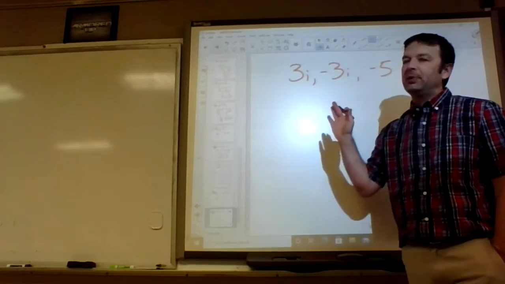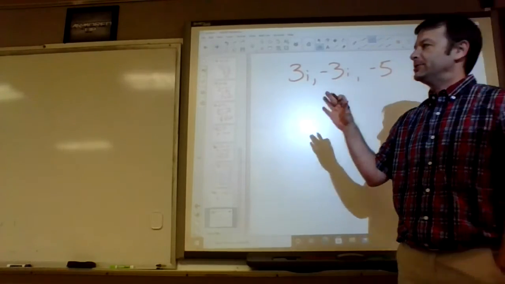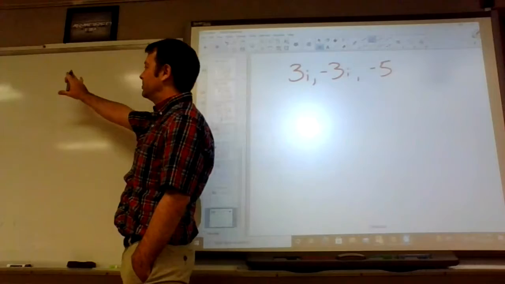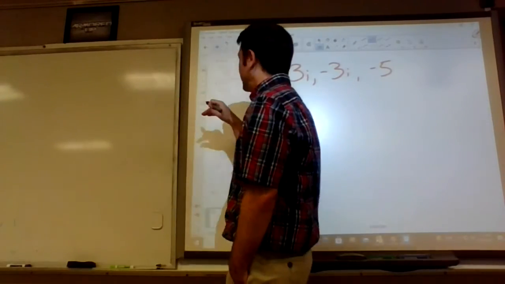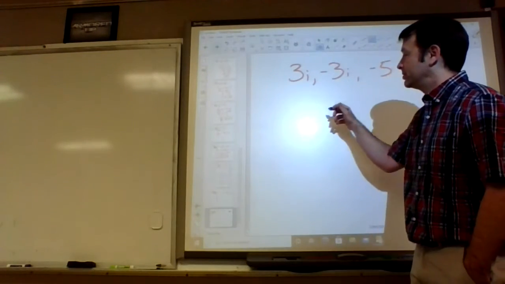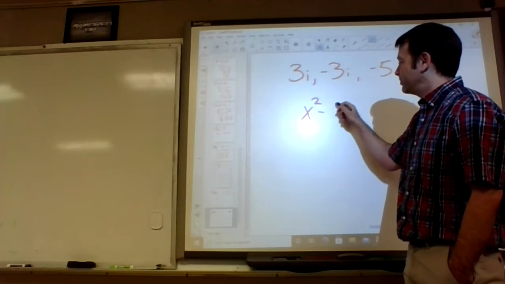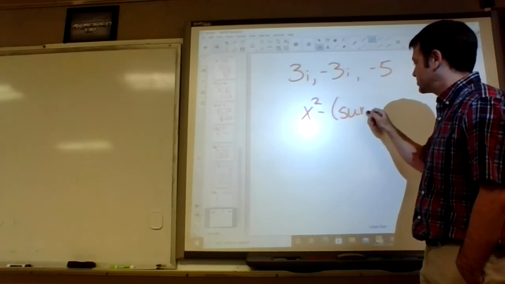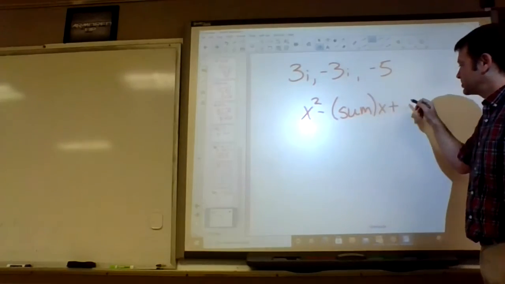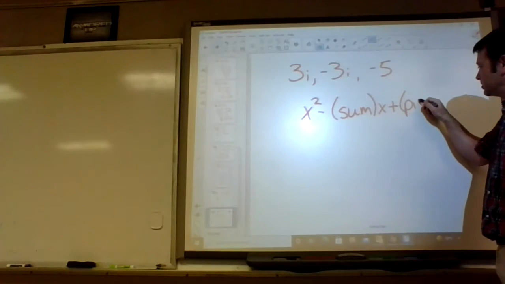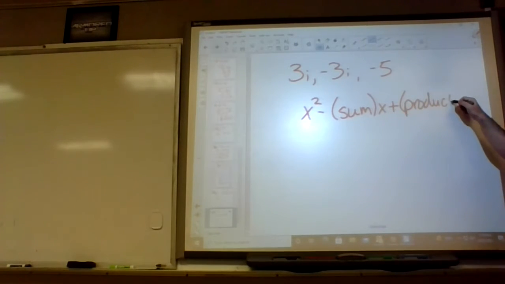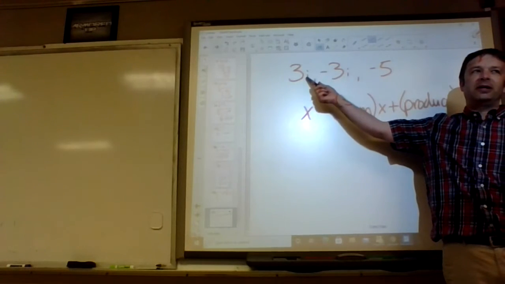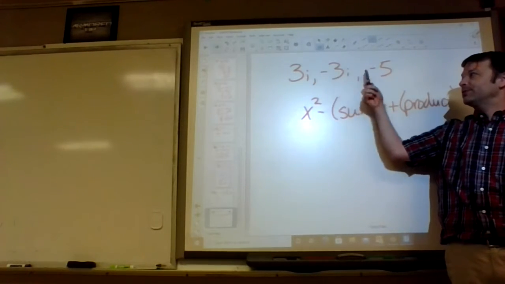I'm not gonna make you memorize this, but I'll just write this on the board on Tuesday. But I'm not gonna tell you how to use it either, okay? It's x squared minus the sum of the roots times x plus the product. On this one, it's different from the last one. They're not giving us the polynomial, they're giving us the roots.